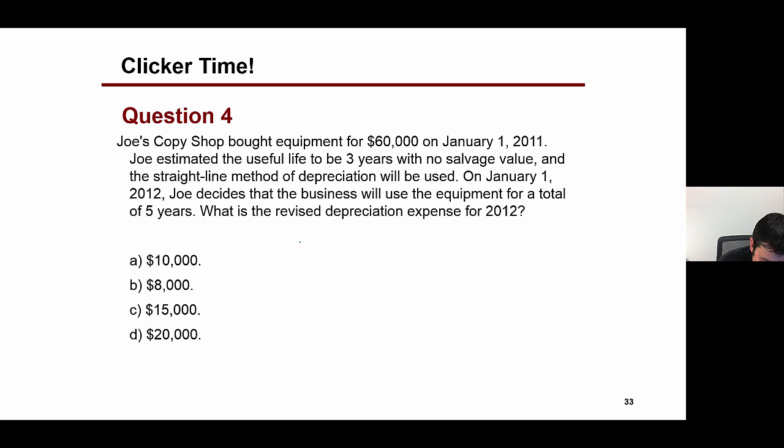Again, originally it was 2011. It was 60,000. Because it has no salvage value, multiplied by 100%, divided by 3, and that was 20,000 depreciation expense, and the book value was 40,000.